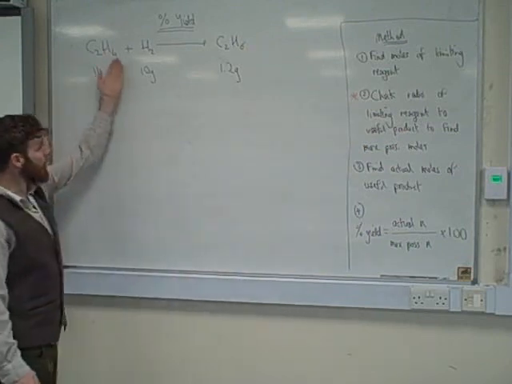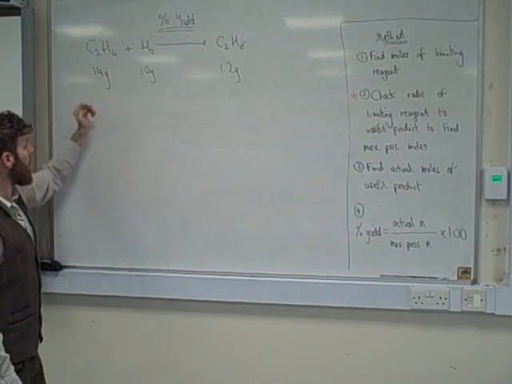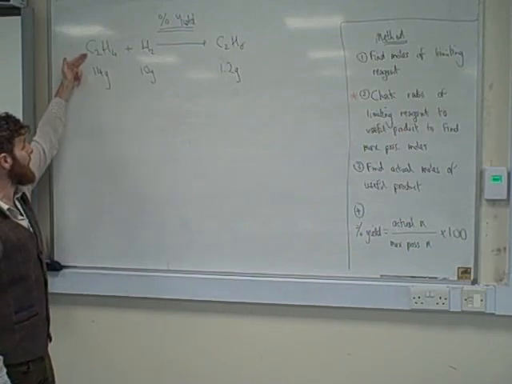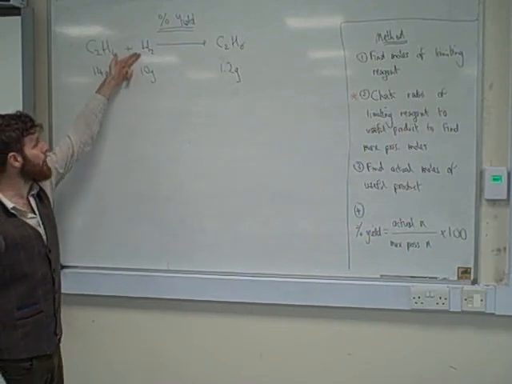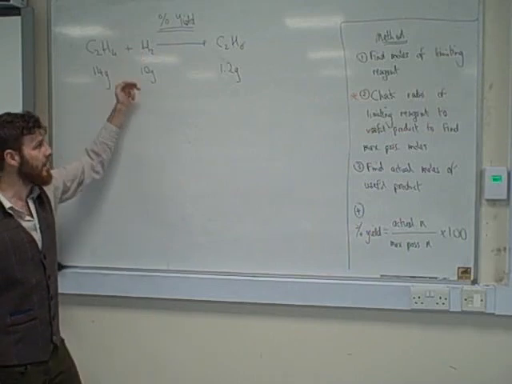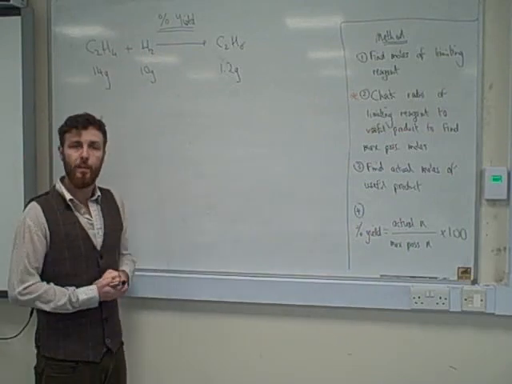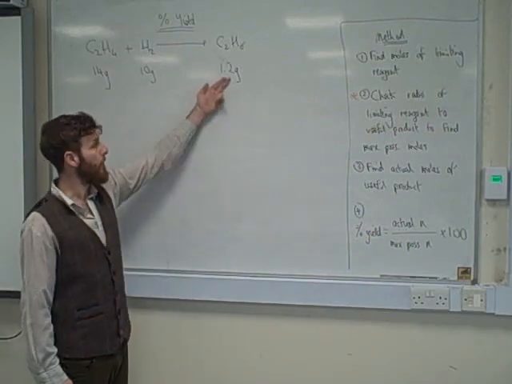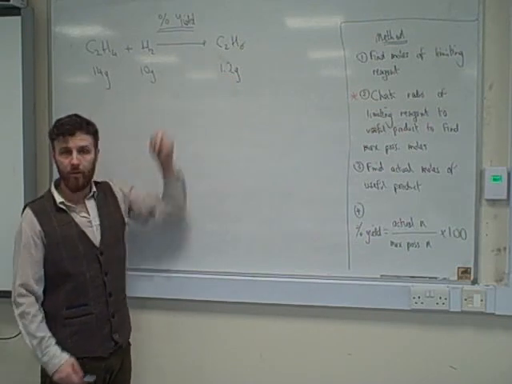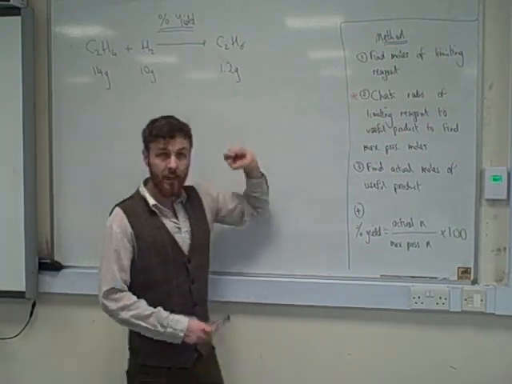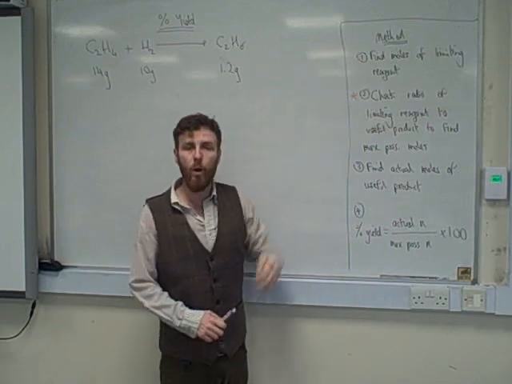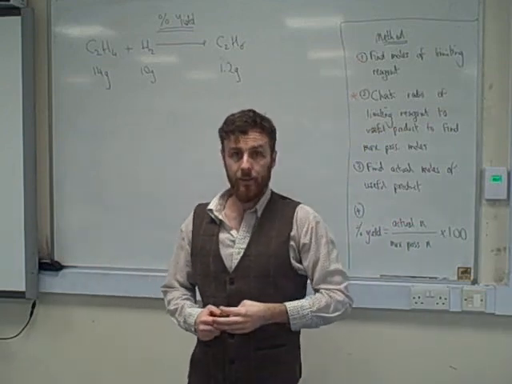So let's say we've got an equation and we're told we started with 14 grams of ethene, 10 grams of hydrogen gas, and after we did the experiment we ended up with 1.2 grams of ethane. So step one, we're going to find the moles of our limiting reagent.